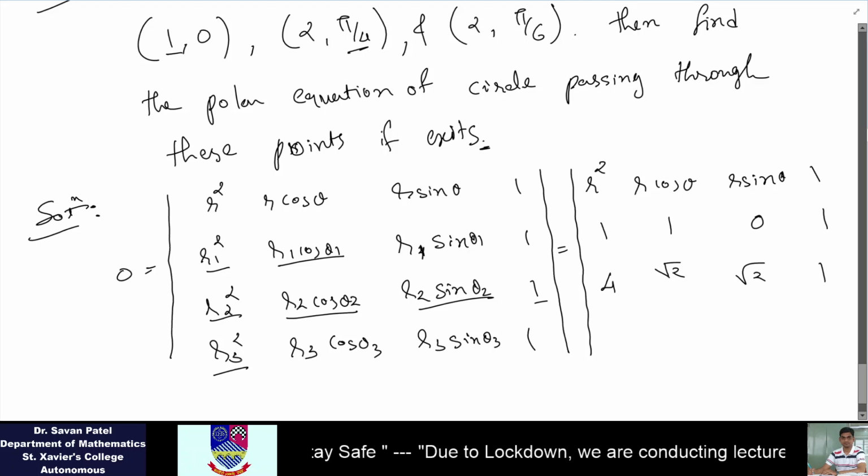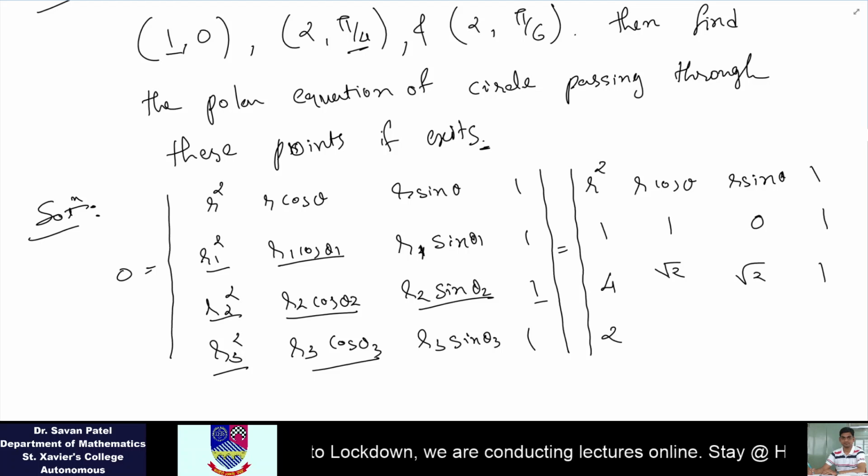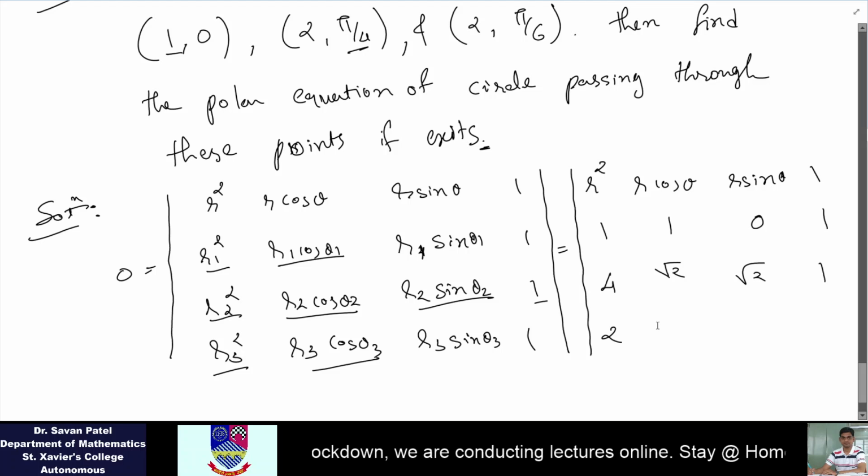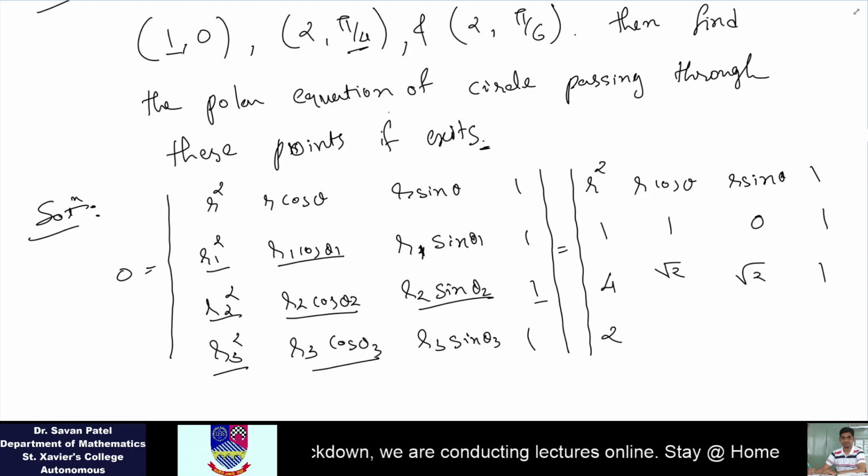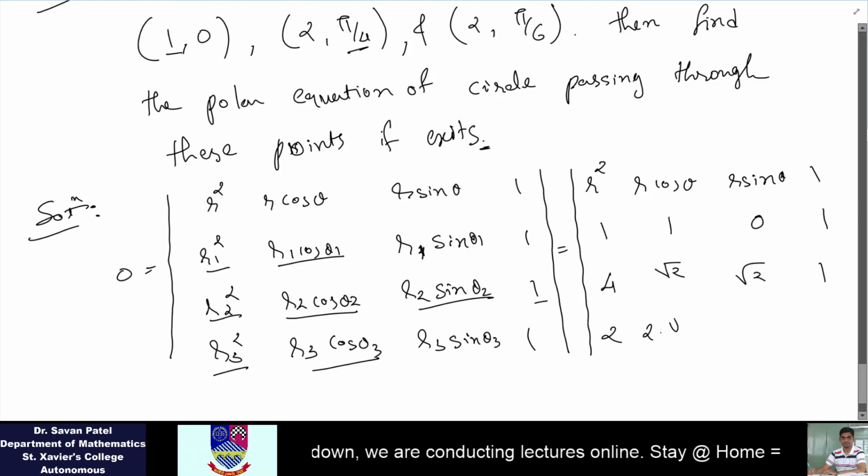Here it is r3 square, so r3 is 2, so 4. Cos pi by 6 is root 3 by 2, so 2 times root 3 by 2, root 3. r3 sin pi by 6: sin pi by 6 is 1 by 2, so 1, and then 1.